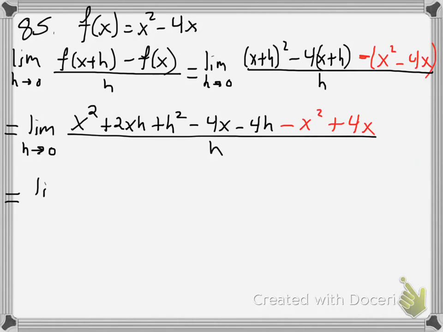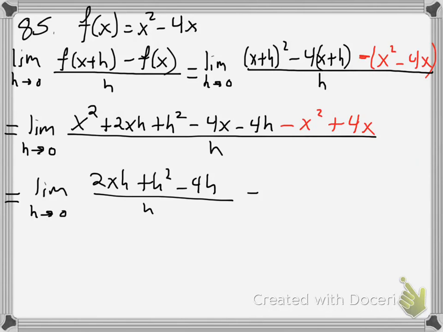Some stuff will cancel out, but we've still got some other stuff left over. So a 2xh is there, an h squared is there, and a minus 4h, all over h. The x squareds and the minus 4x and the positive 4x dropped out.